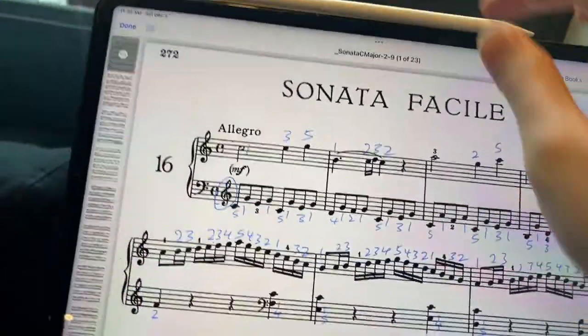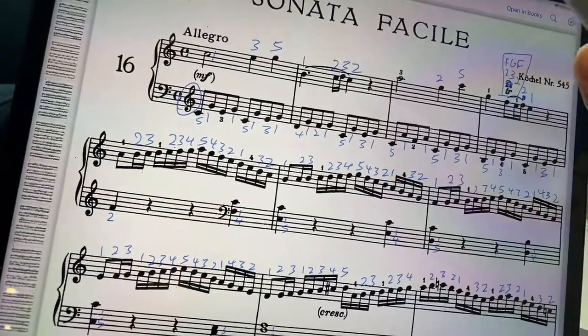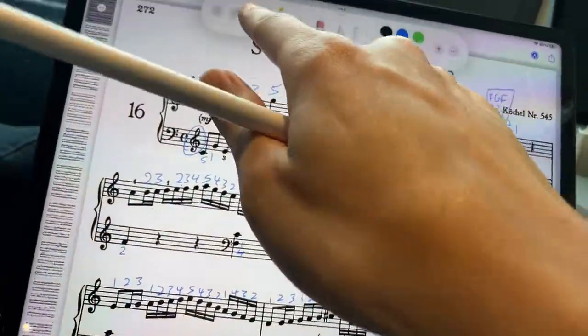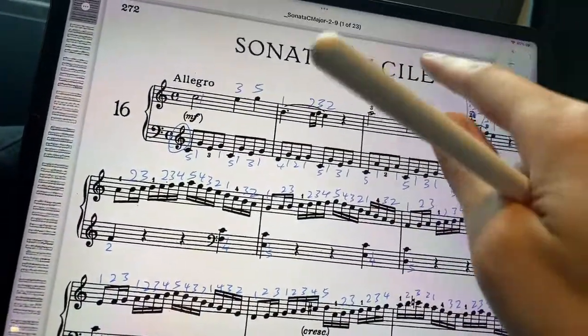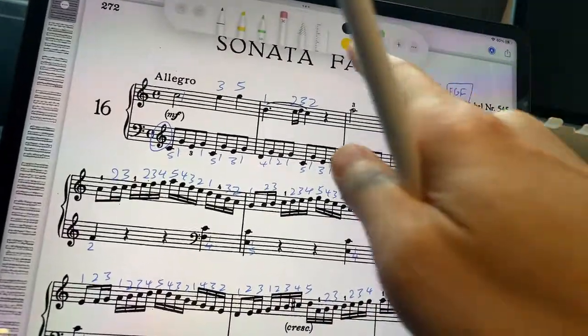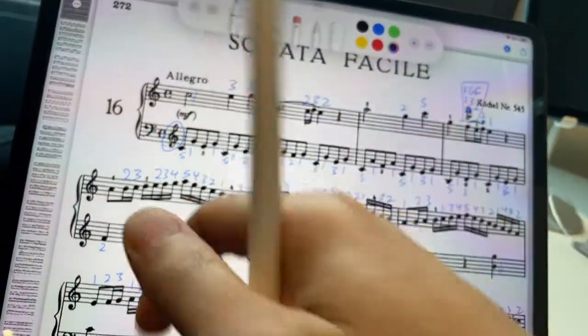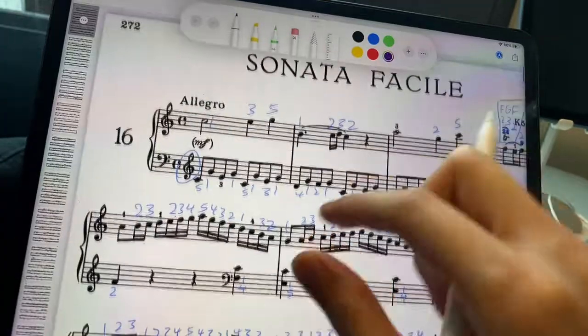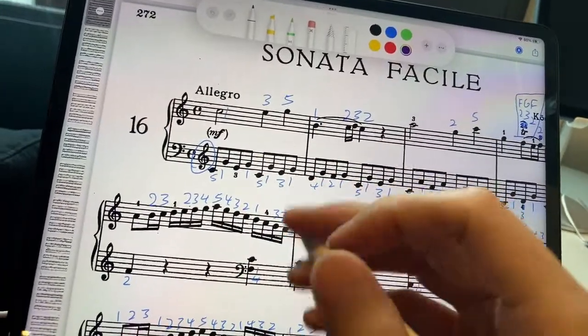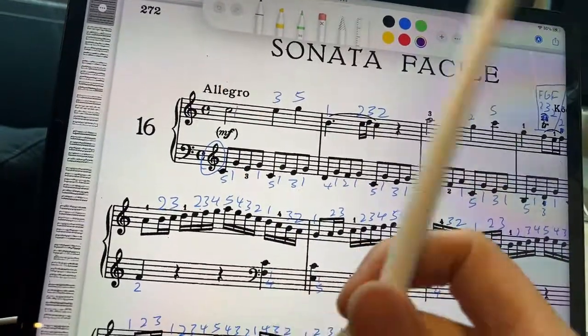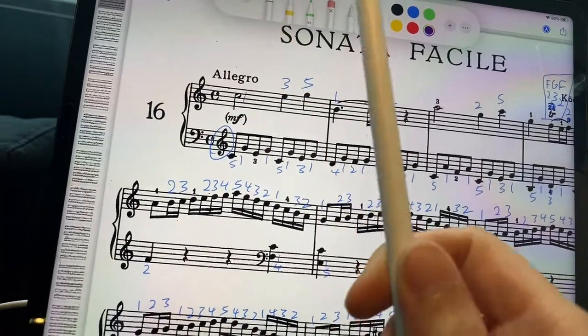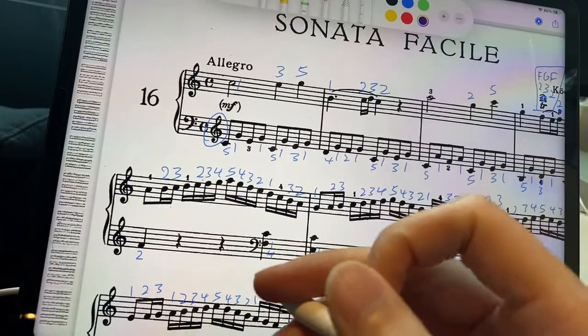So I think I'll show here, and this is Mozart's most famous C major sonata. He actually has more than one. So let me see. Let's say, for instance, that we're talking about even half measure separate hand sets.